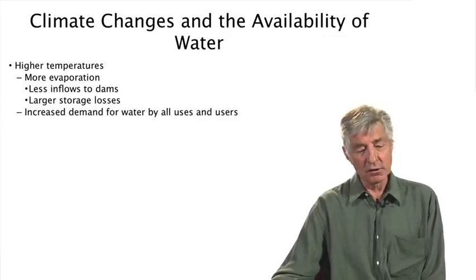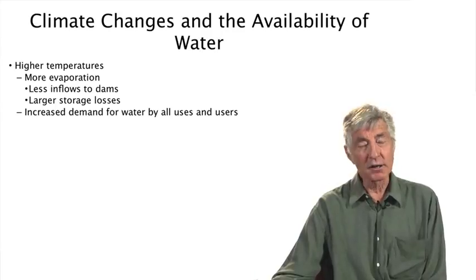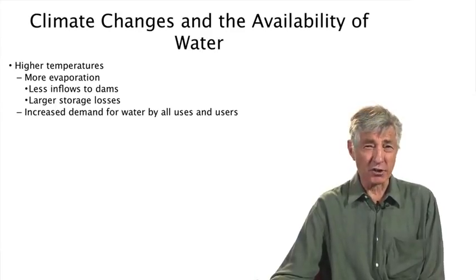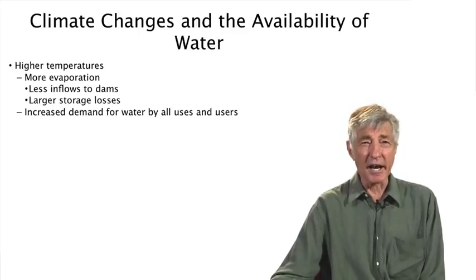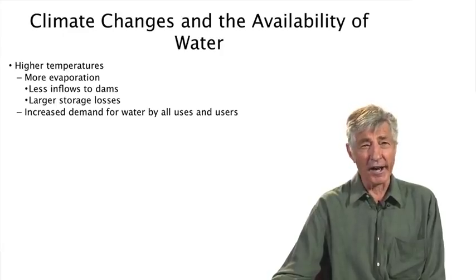But also, there's an increased demand for water. As we've got the population growing from 7 to 9 billion people around the globe, again, as they have higher incomes, we tend to want to spend a little bit more on water for not only food and having showers, but also for better environmental outcomes.